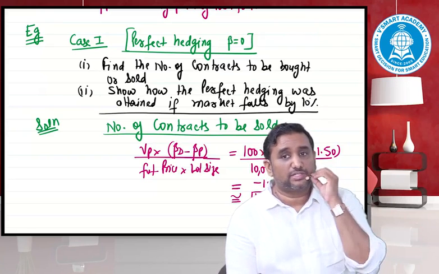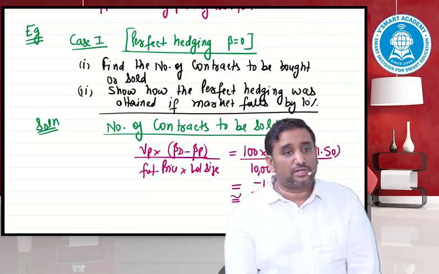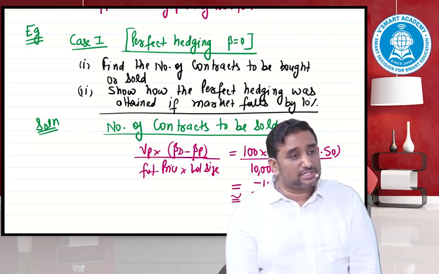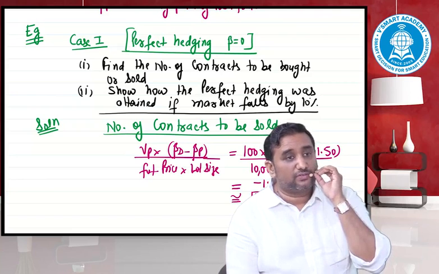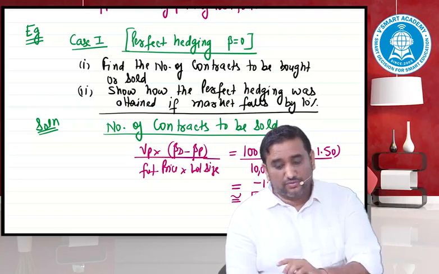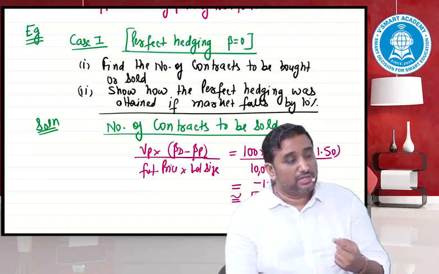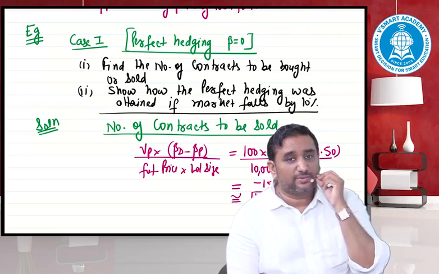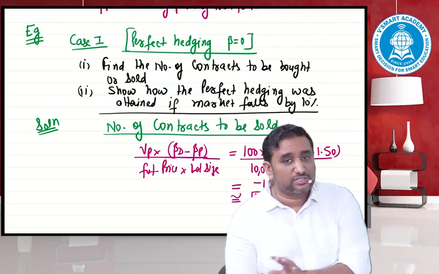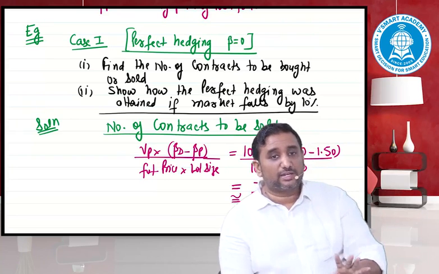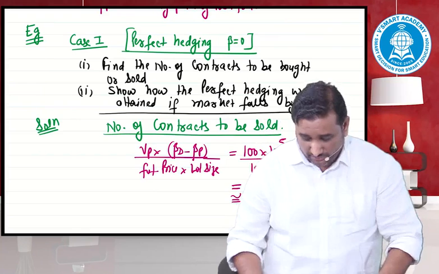In such a scenario, no matter how much the market fluctuates, your beta effect would become 0. This position you're taking is in the futures market. Cash market is different from the futures market. Cash market you already have a plus position.